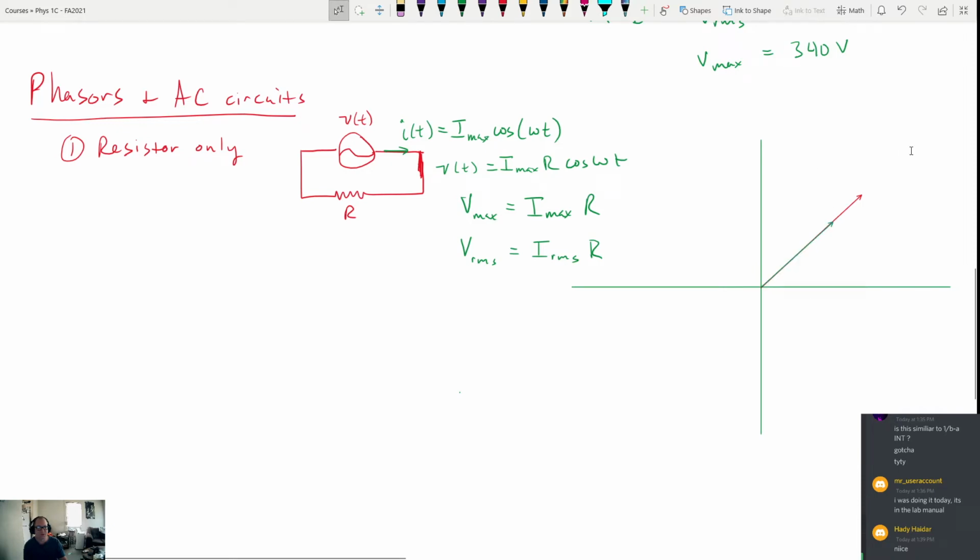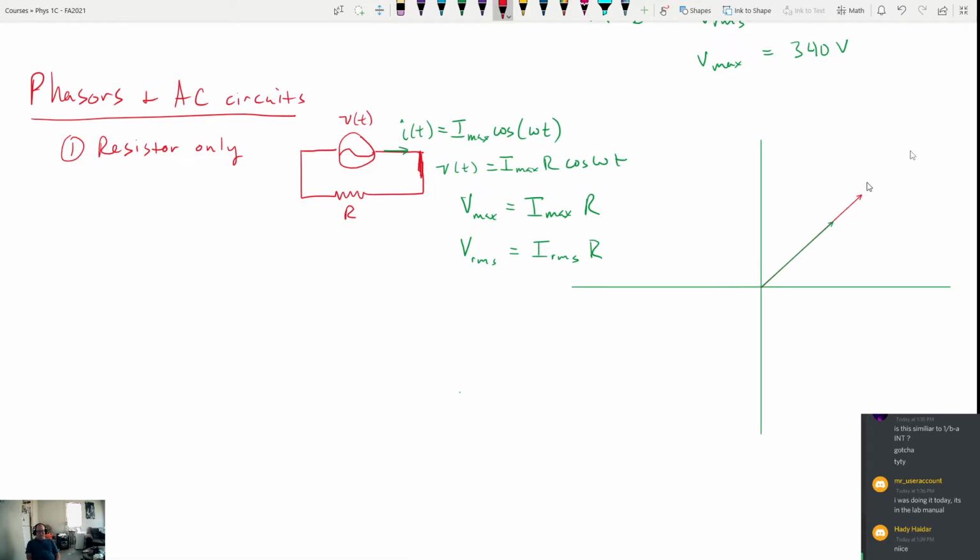Okay, so two different arrows, one on top of the other. I'm going to say that my voltage as a function of time is going to be represented by the red line right here, and my current as a function of time, that's not exactly right, is it? No, that's not quite right.